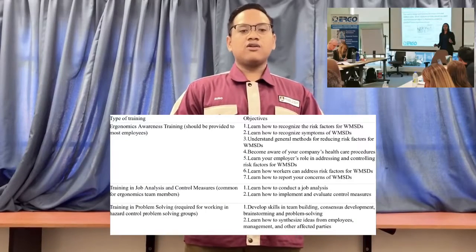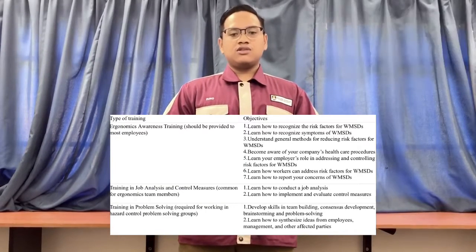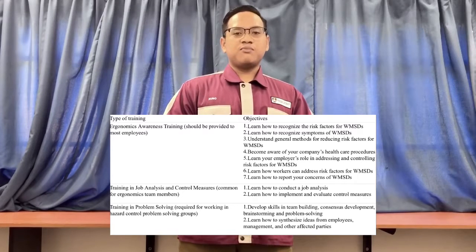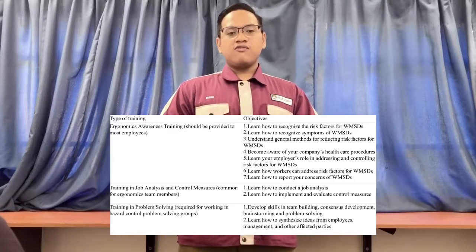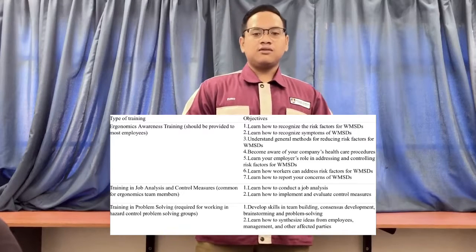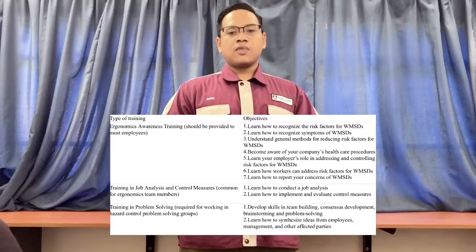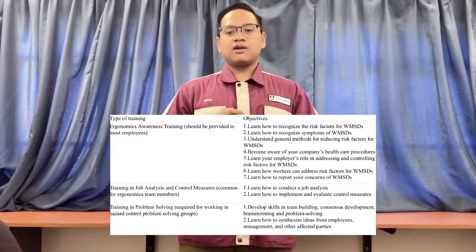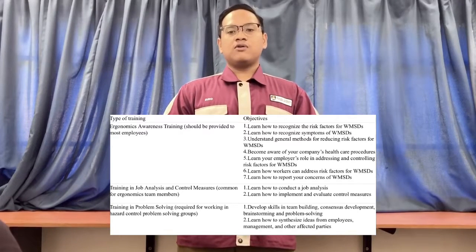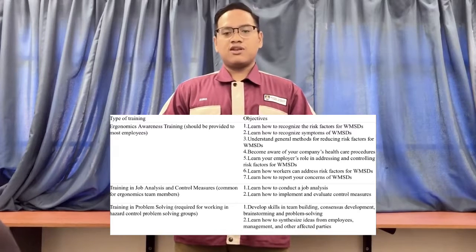Okay, the next step is step 2. It is involve and train management and the workers. There are some types of training. The first type is ergonomic awareness training. It should be provided to most employees. The objectives of ergonomic awareness training: first, learn how to recognize risk factors. Second, learn how to recognize the symptoms of work-related musculoskeletal disorders.